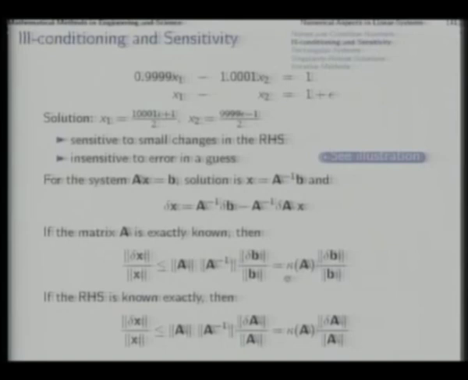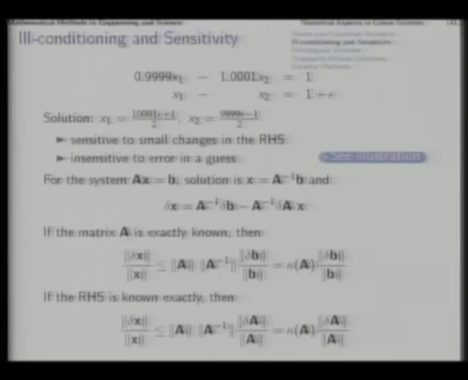Now, if kappa is large, that is, if the condition number is large, meaning the matrix is ill conditioned, suppose the condition number is 1000, that will mean that by a small error in b, the result can be erroneous by 1000 times that small error. If there is a 1% error in b, as a consequence of that, the error in x can be 1000%.